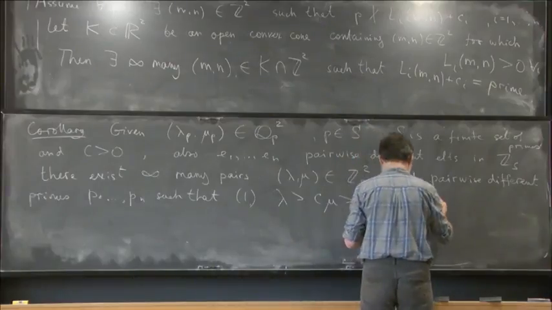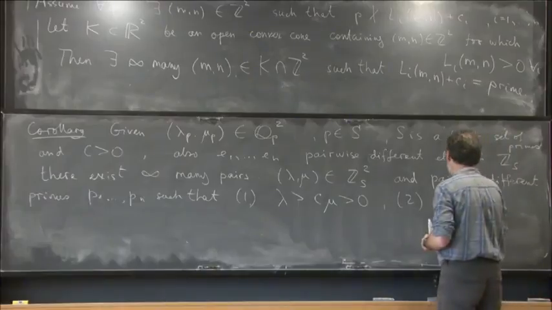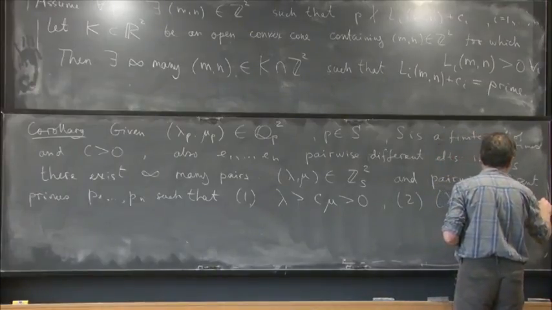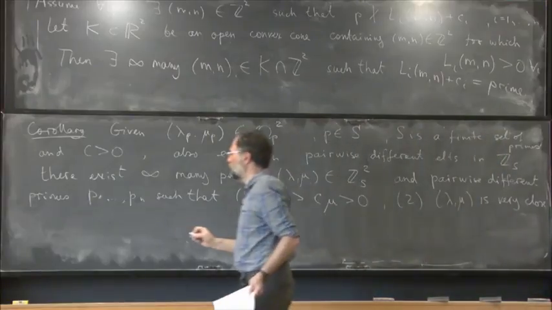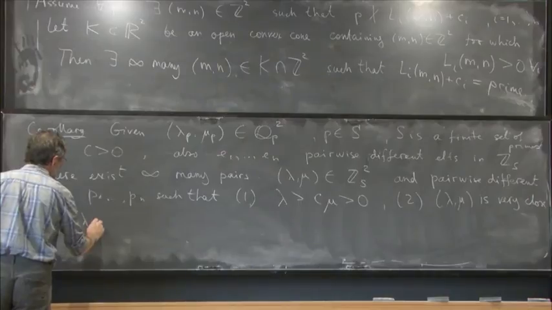Second, for primes in S, lambda and mu are very close, as close as we like, to lambda_p and mu_p.